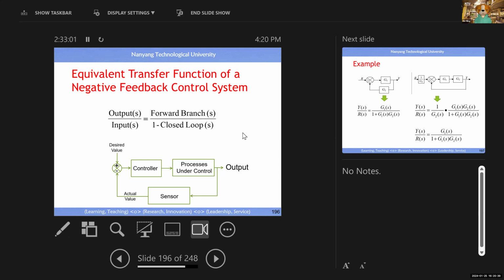This is the first formula you need to remember in control theory, right? So output versus input equals the transfer function of the forward path, this one times this one, divided by 1 minus the loop transfer function. This is the first formula you need to remember, right?